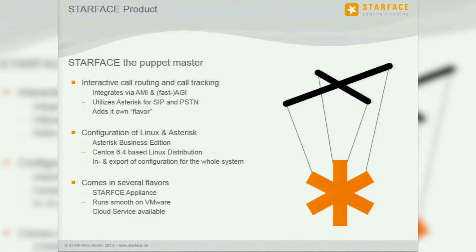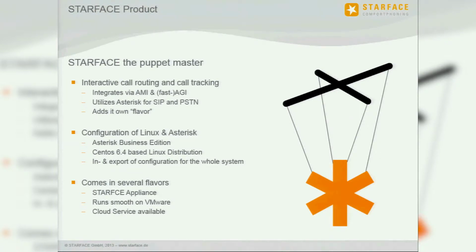So we have a lovely line of 3 different appliance series you can actually buy from us, starting at 5 endpoints or 5 seats up towards 40 seats and then 150 seats up to 3,000 seats on one box. But you can also use this PBX in your own environment, like on VMware, for example, runs quite fine in there as well. And you can also get this product as some cloud-hosted service, so you can actually buy that per monthly subscription fee from us.